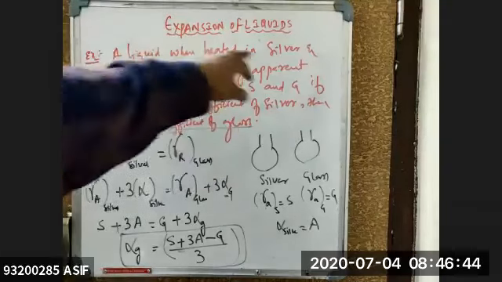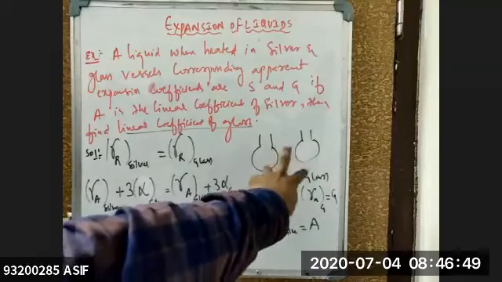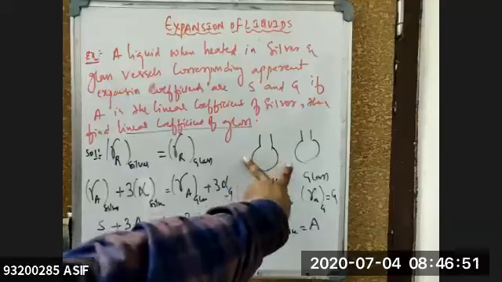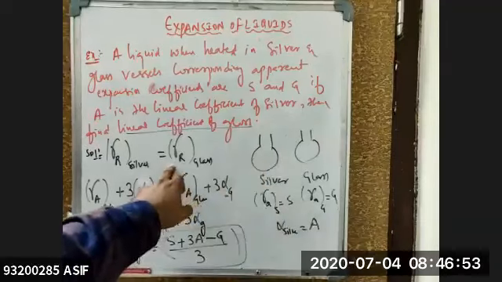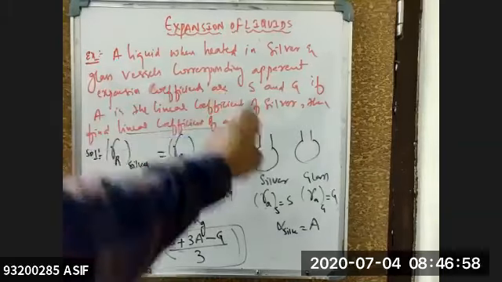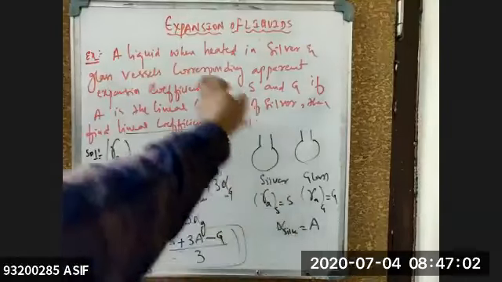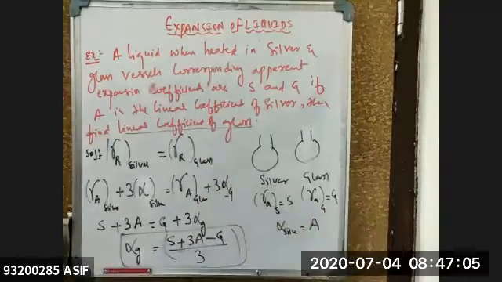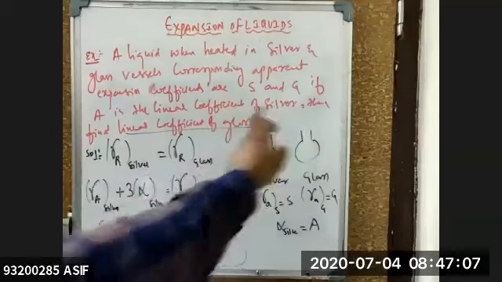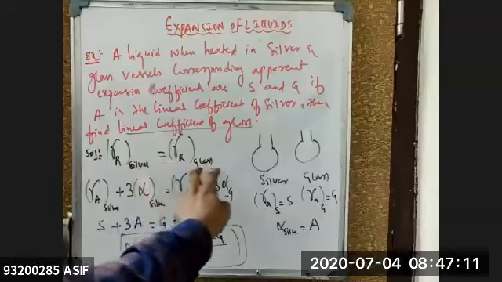Yes, sir. See, a liquid is heated in silver and glass vessels, taking the liquid and heating in both. The real coefficient of silver must be equal to the coefficient of real expansion of glass, isn't it? Now the problem says the apparent expansion coefficient of silver is represented by S and of glass by capital G, and the coefficient of linear expansion of silver by A. So gamma of silver equals gamma of glass.